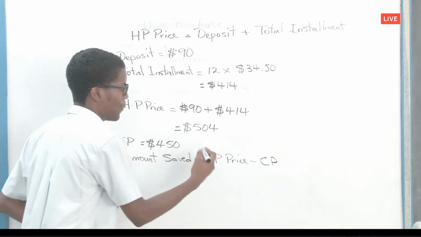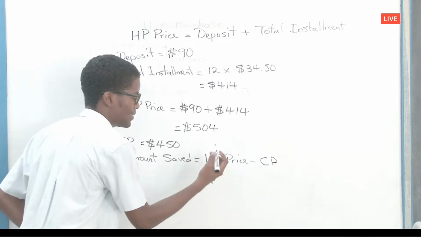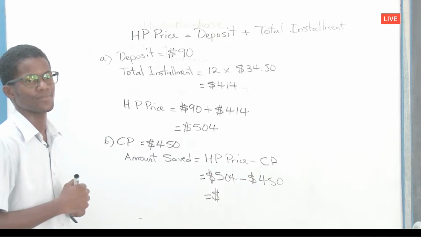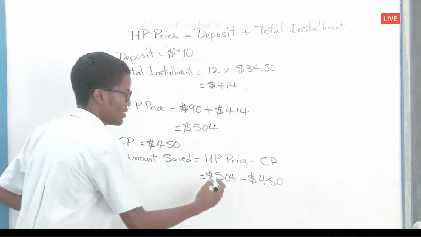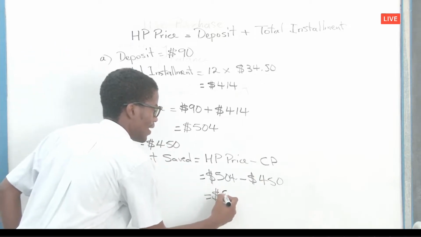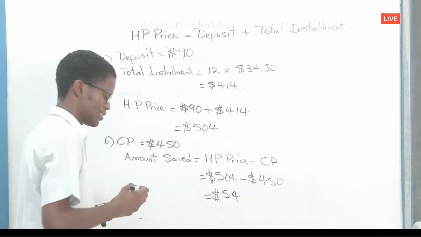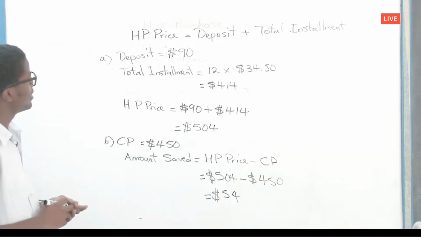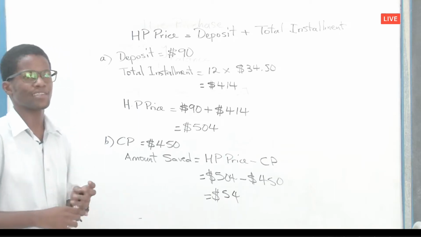And remember, our hire purchase price that we just found, as Ms. Antonia said, okay, so we got our answer as what? $54. Well done. So right there for your CXC, you can get your 3 marks.